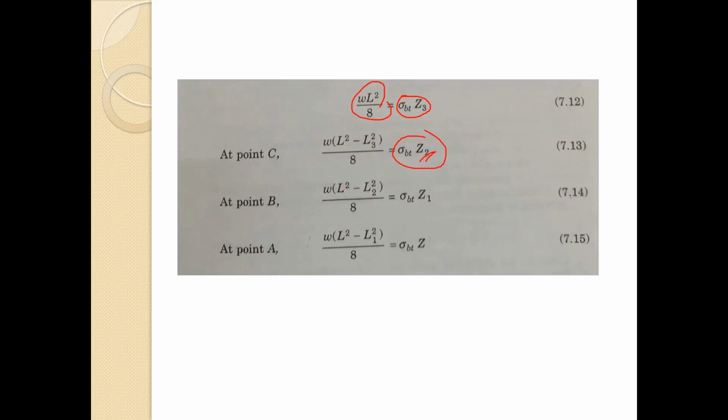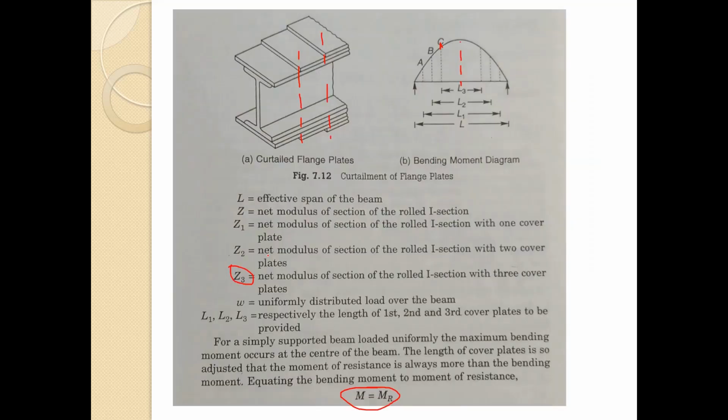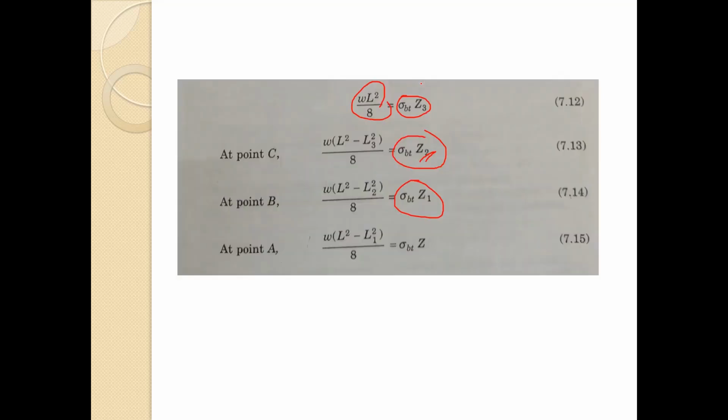Same way at point B, the bending moment will be W into L square minus L2 square divided by 8, and the moment of resistance is sigma Bt into Z1. And at point A, that is at this point, the bending moment will be W into L square minus L1 square divided by 8, and the moment of resistance is sigma Bt into Z. So this is how we are going to calculate the bending moment at particular sections.